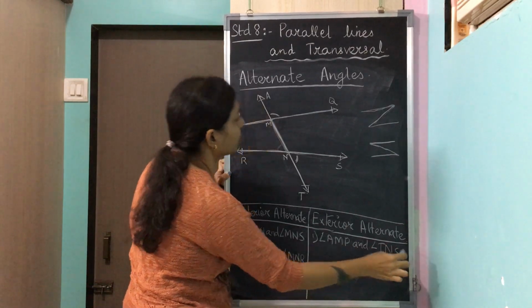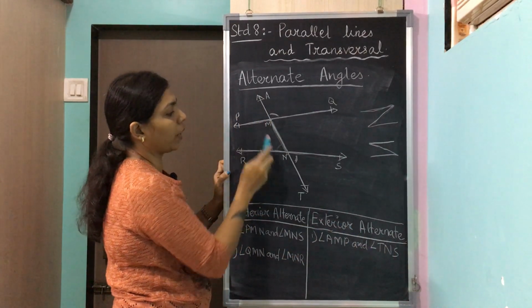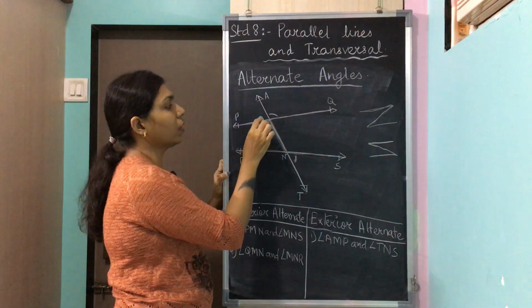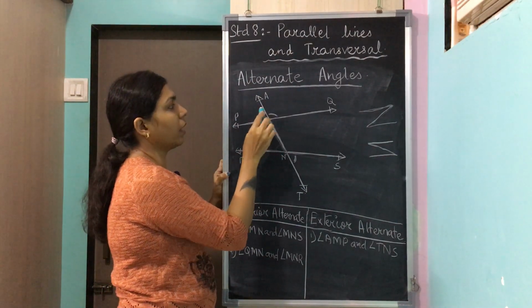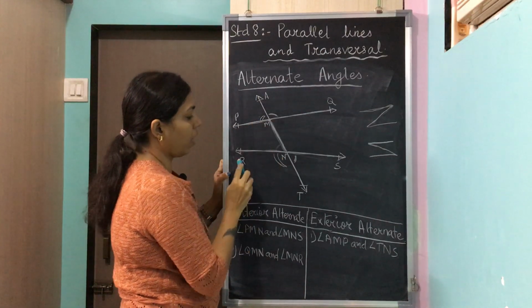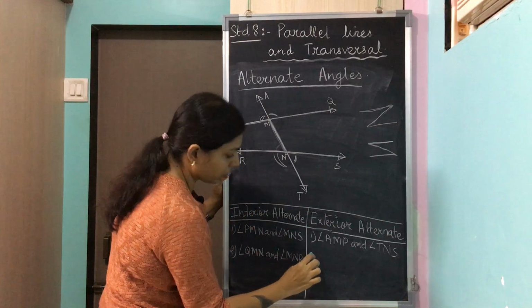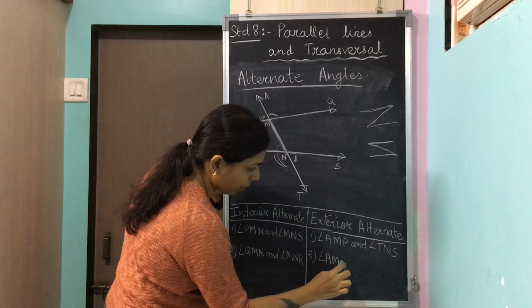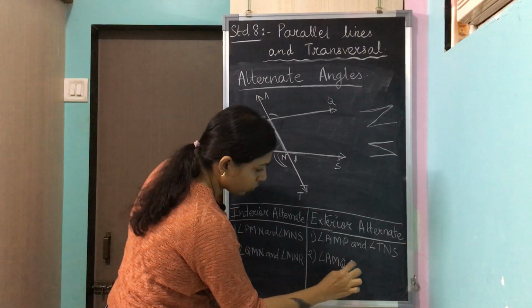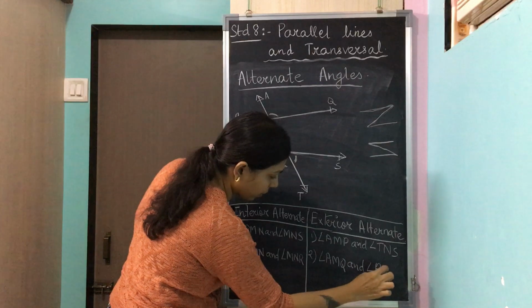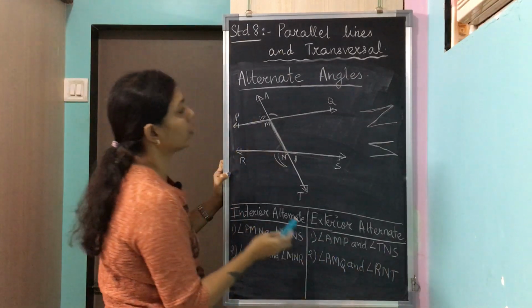TNS. And if you look at these two angles over here, these are also on the outer side of the particular figure. So this over here, angle AMP and angle RNT. So I'll write that down, angle AMQ and angle RNT.